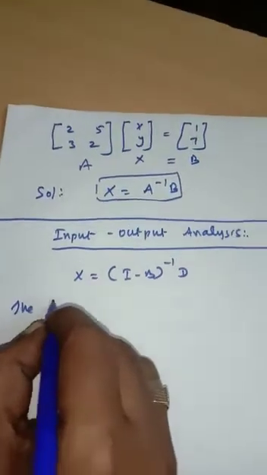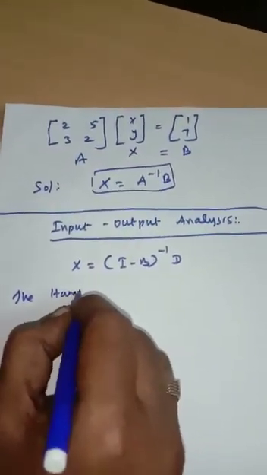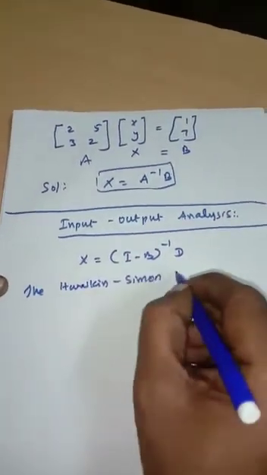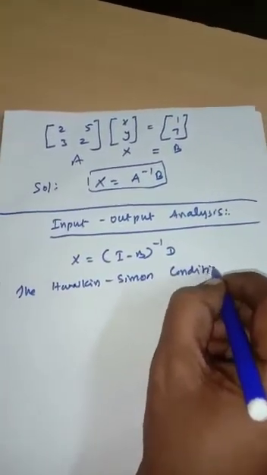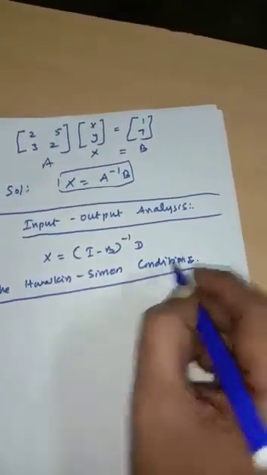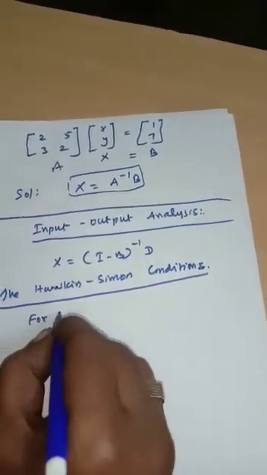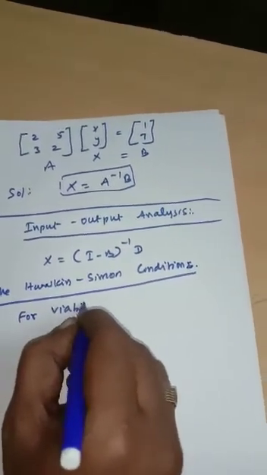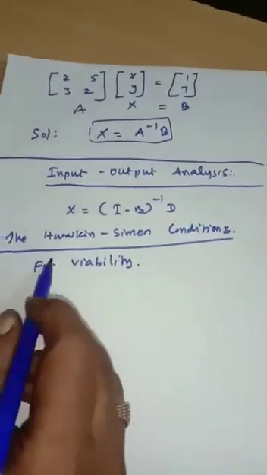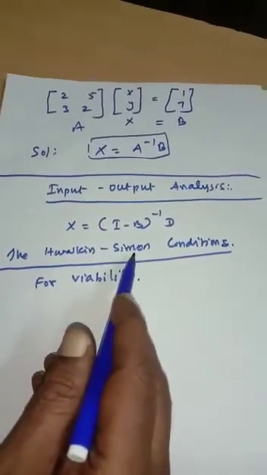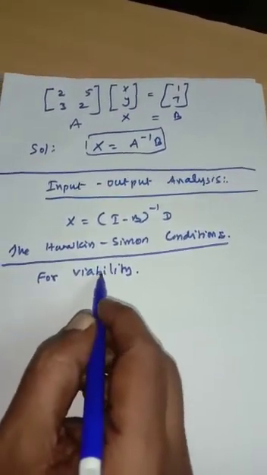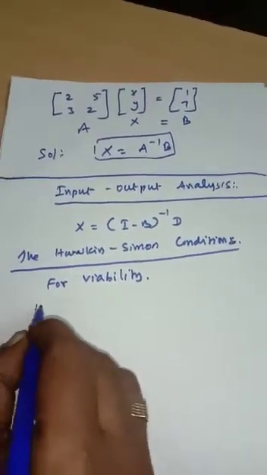The Hawkins-Simon conditions of viability. For viability, there are two conditions given by the Hawkins-Simon conditions. The system is viable only if both conditions are satisfied.